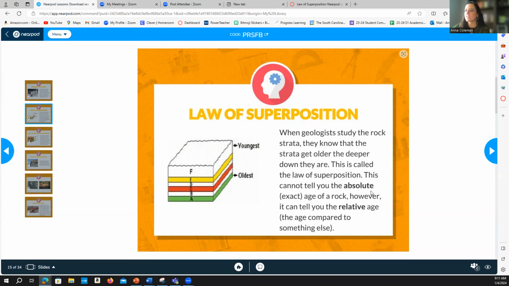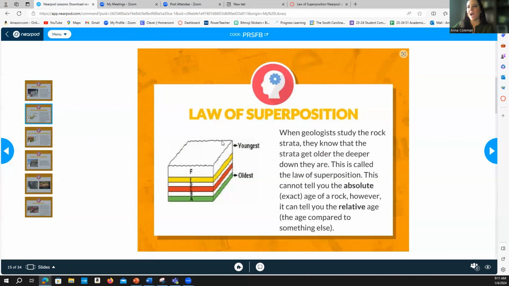However, it can tell you the relative age, or the age compared to something. So we can say that the layer on the bottom is older than the layer on the top, but we can't say if it's 5 or 10 or 15 years older. Does that make sense? I can't apply a number to it.